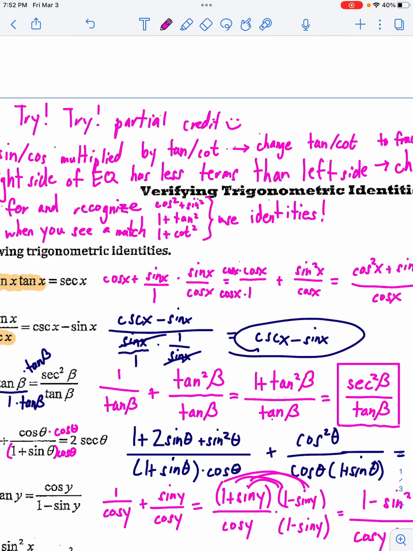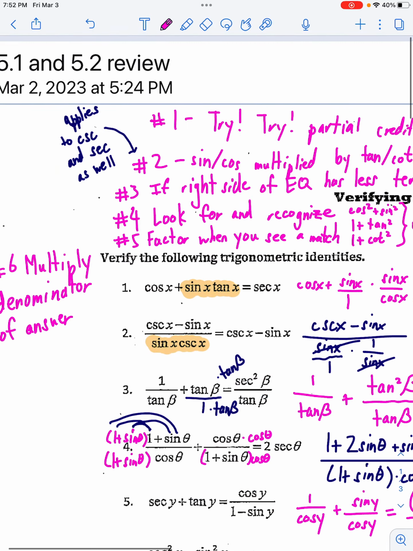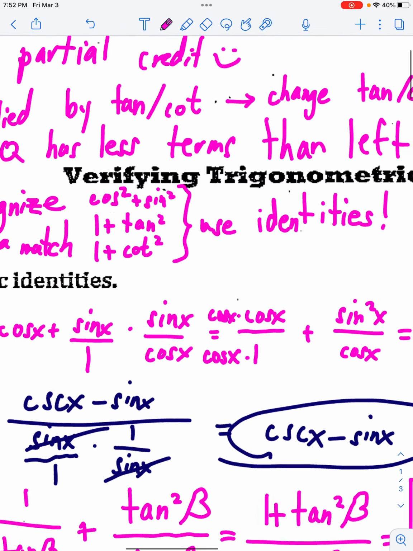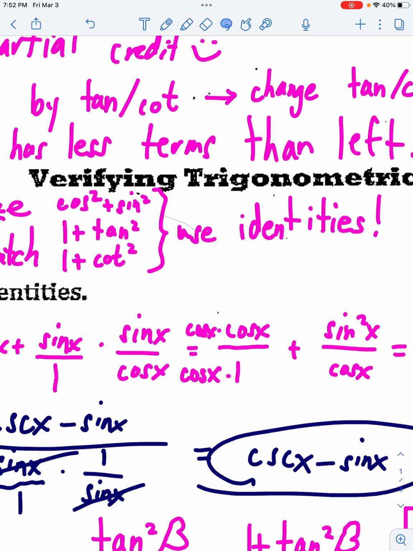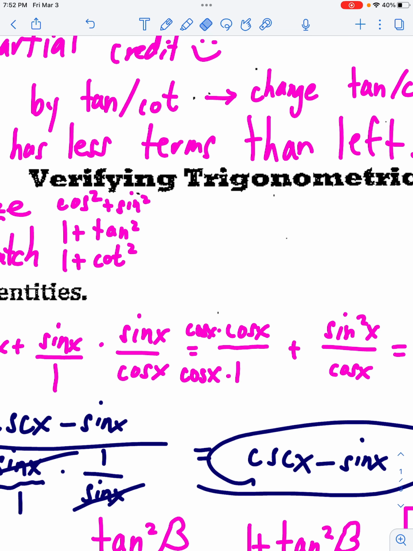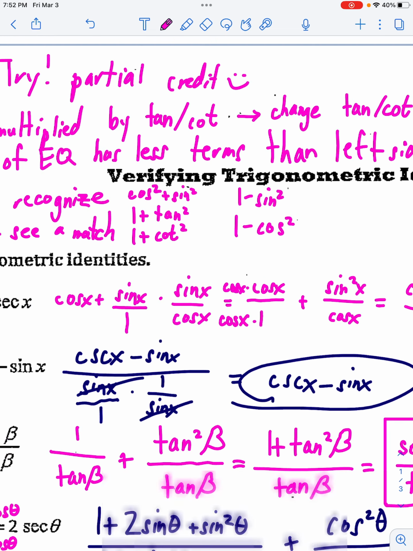I'm going to add something to trick number 4. You also want to look for and recognize 1 minus sine squared and 1 minus cosine squared. Also recognize those two, okay?